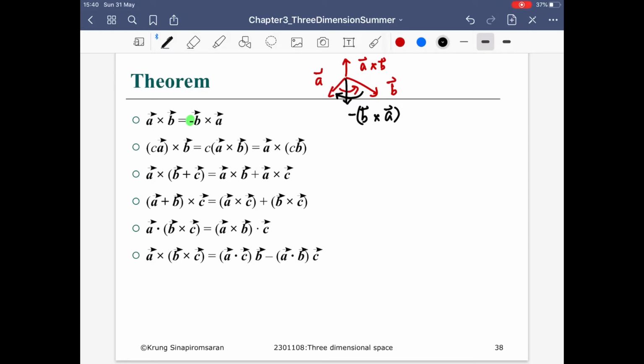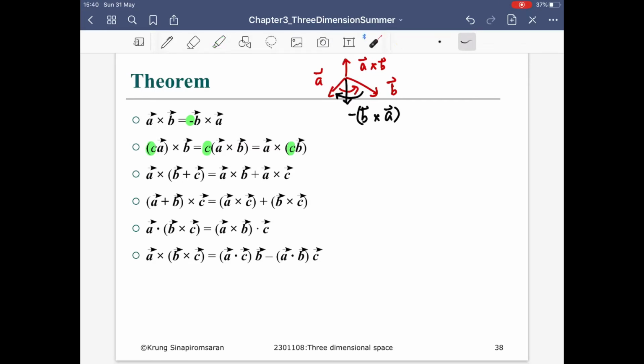What if we have a constant C? Your constant C can be applied after the cross product, or your constant C can multiply with each one of the vectors first and then do the cross product, it doesn't matter.